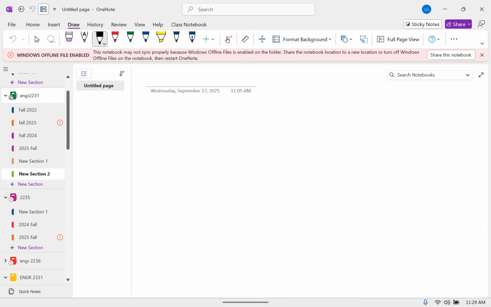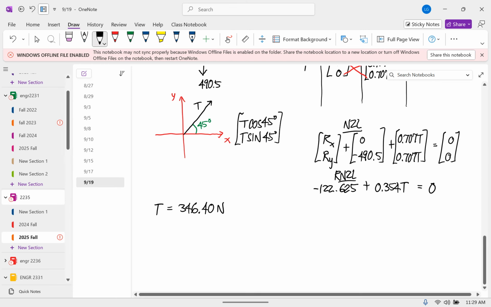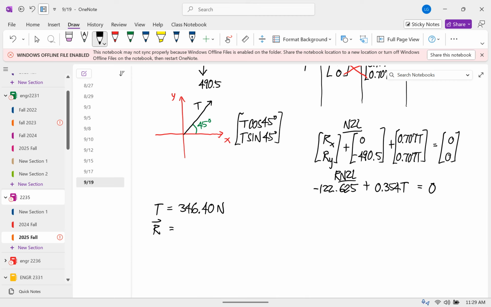And then the R force is equal to the x component, negative 244.90, and the y component is positive 245.60.